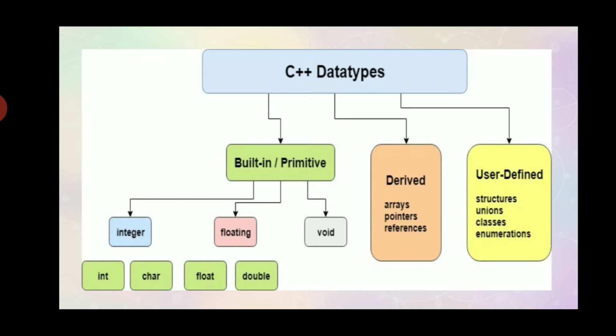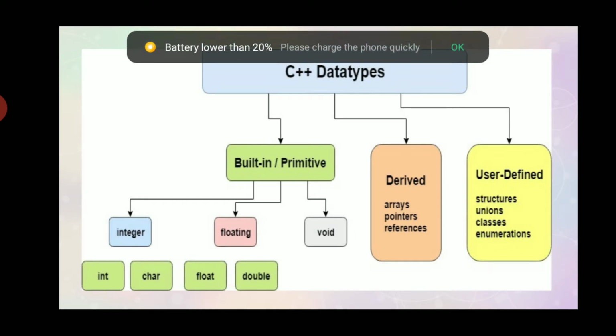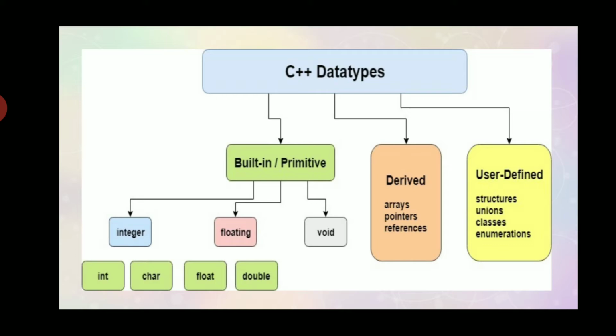Another one, floating. Floating means decimal type, and the space allowed for floating is 4 bytes and 8 bytes. Float means when you declare a small decimal like 55.42, this is a float number and it takes 4 bytes in memory.